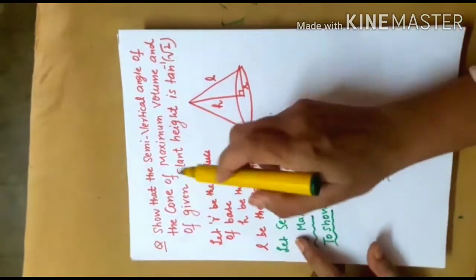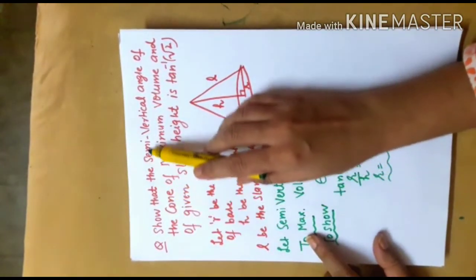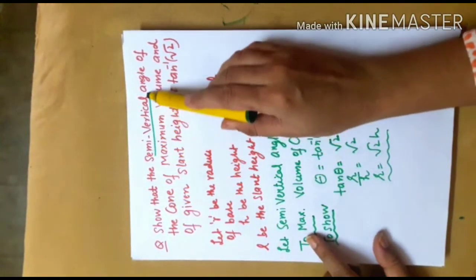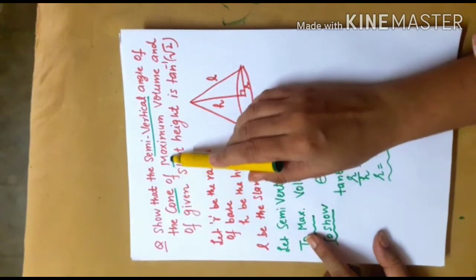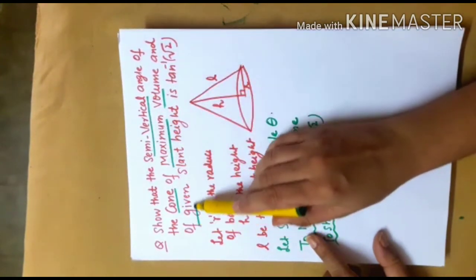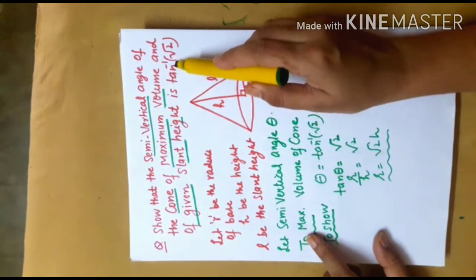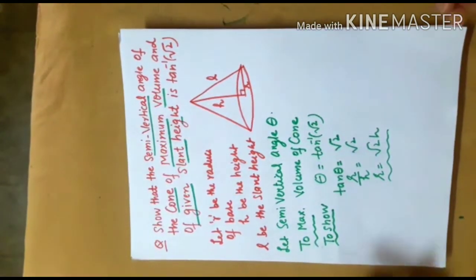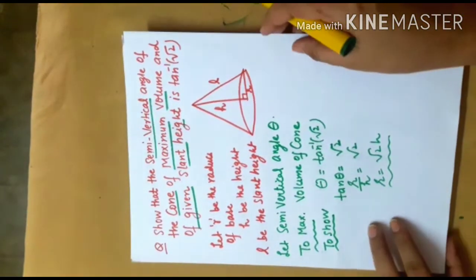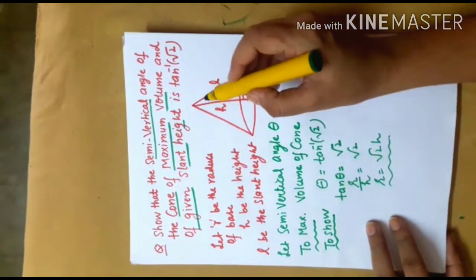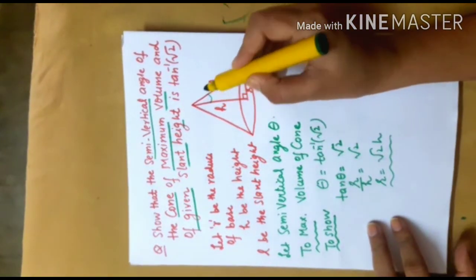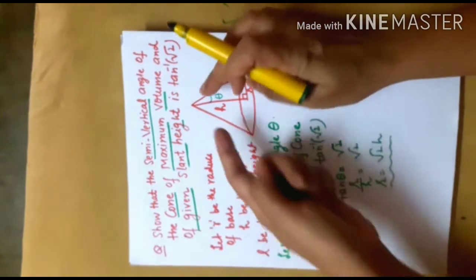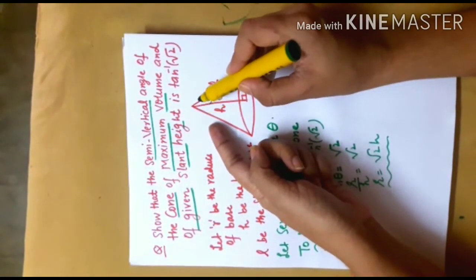Let's take another question. Show that the semi-vertical angle of a cone of maximum volume and of given slant height is tan inverse root 2. Let the semi-vertical angle be theta. This is the vertical angle.